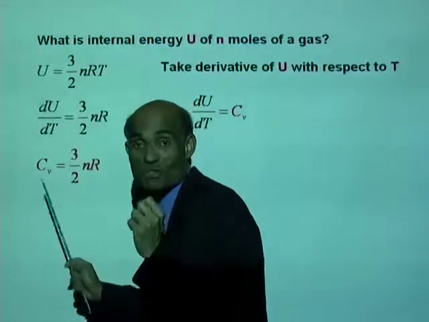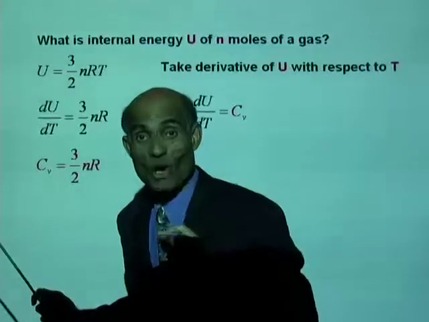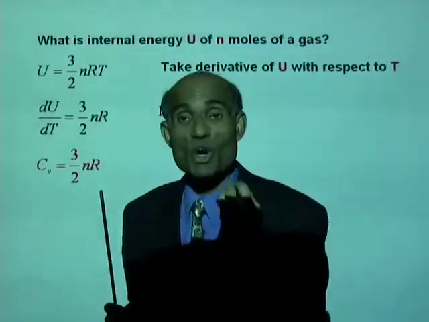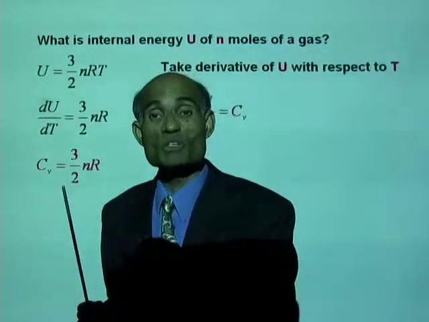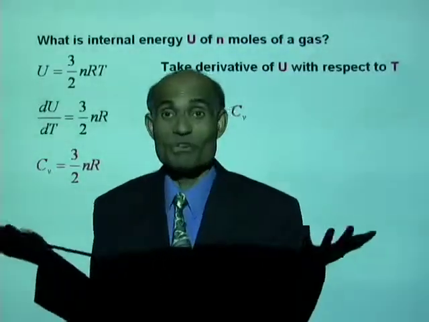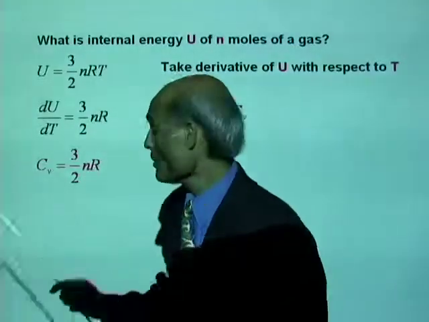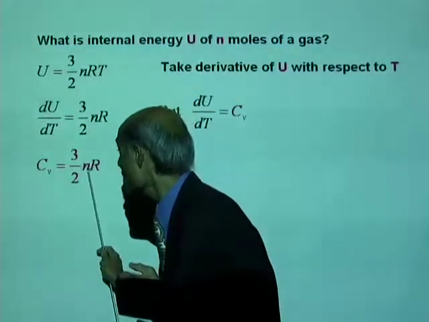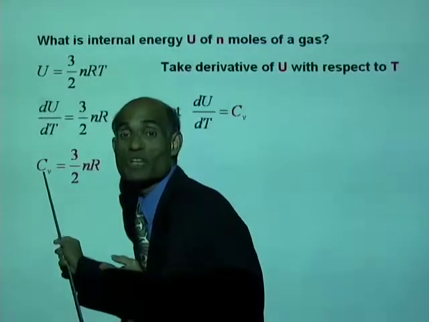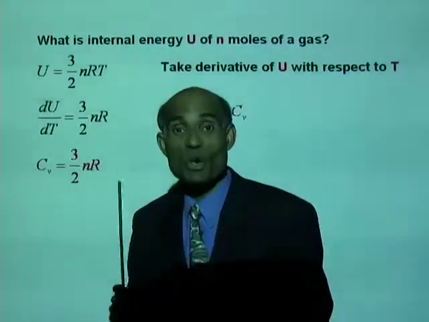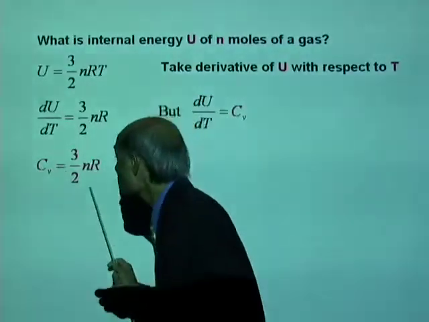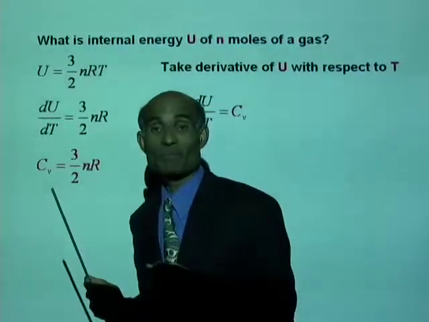But this is an opportunity for us to test, because the heat capacity of a gas at constant volume and constant pressure can be measured in the lab very accurately. So I can take n moles of a gas, measure its heat capacity at constant volume, and see if it gives me 3/2 nR.